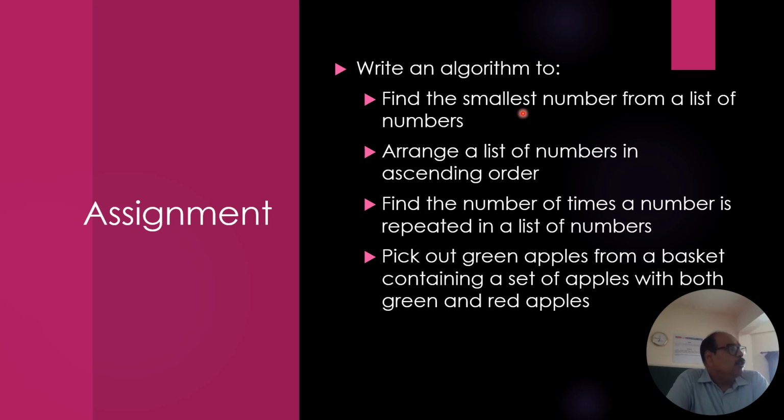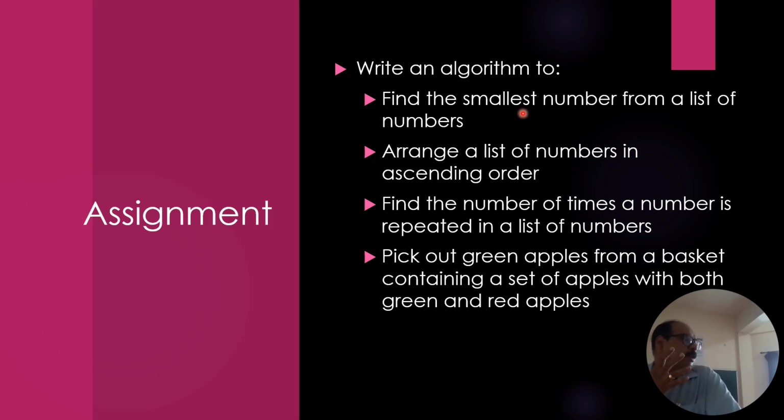So here you need to write an algorithm to find the smallest number from a list of random numbers. The second algorithm you have to write is slightly one step higher than the previous one. What you have to do is that you will be given a set of numbers, you need to arrange it in ascending order.